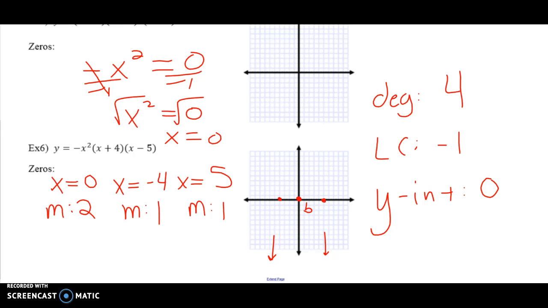Now what I suggest doing is figuring out how far it's going to go up between here and here. So what's a number we could plug in on the left side? Negative 2. Let's do that.